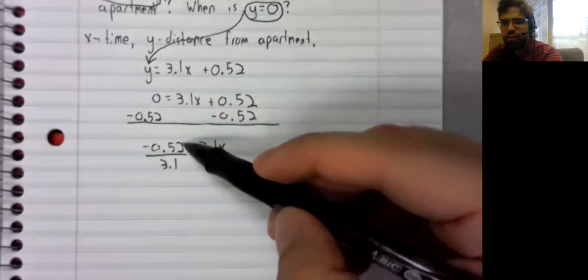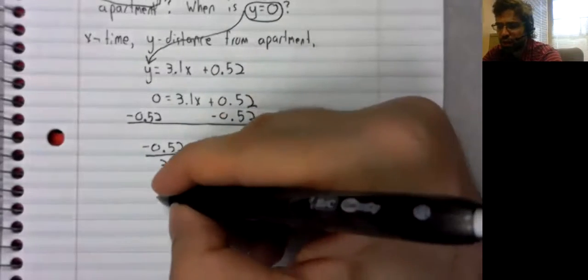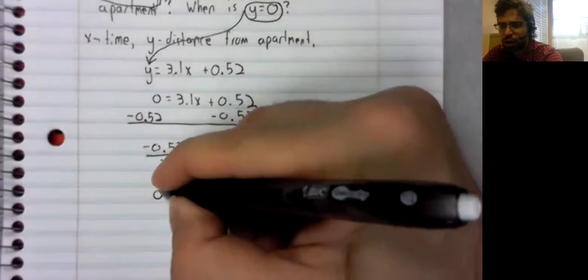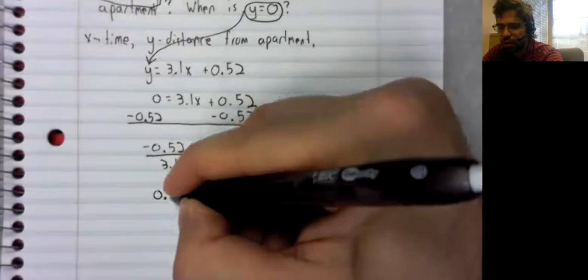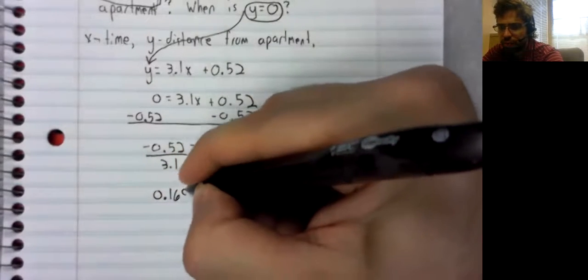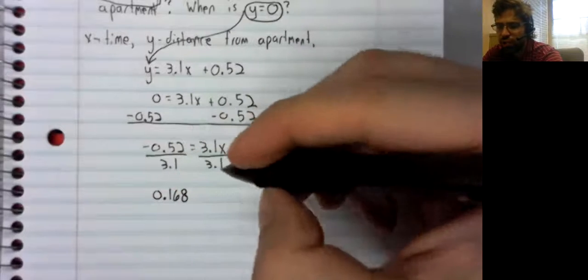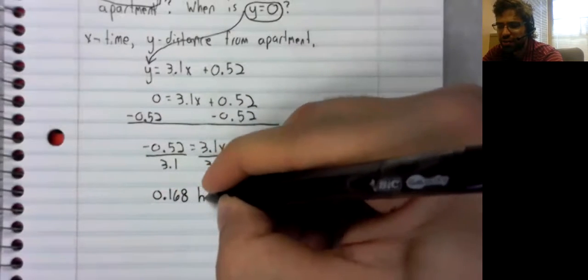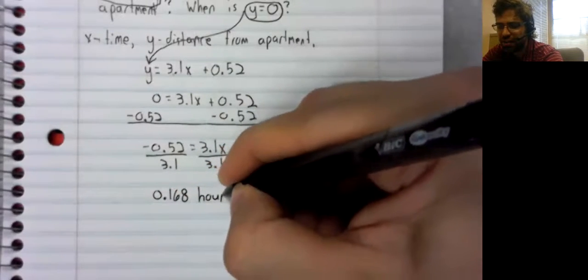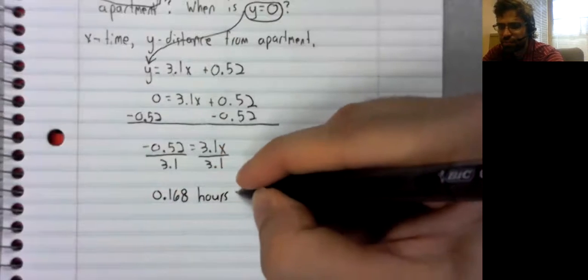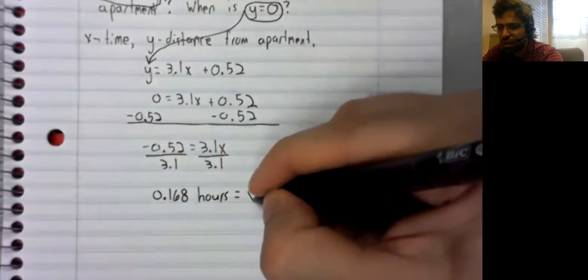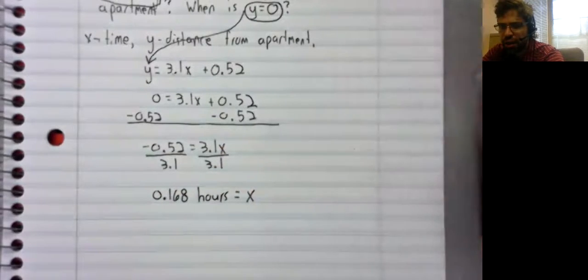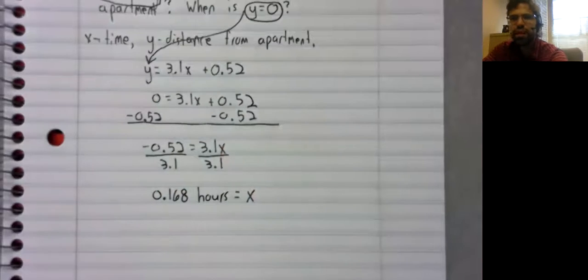Negative 0.52 divided by 3.1 is about 0.168. And x is being measured in hours.